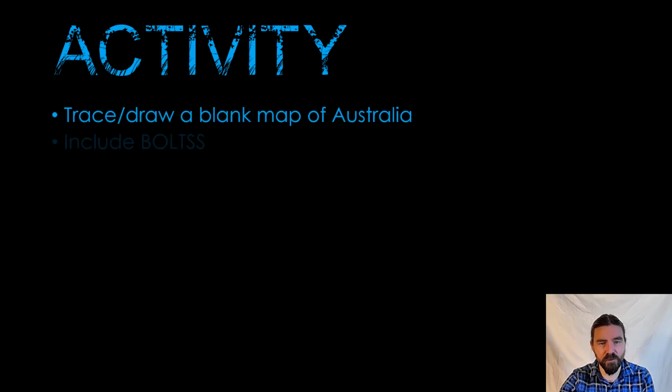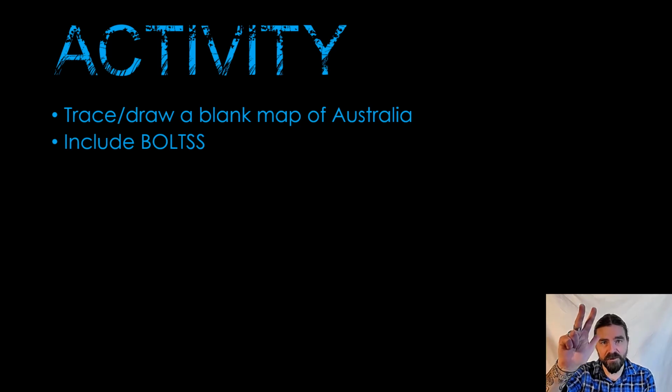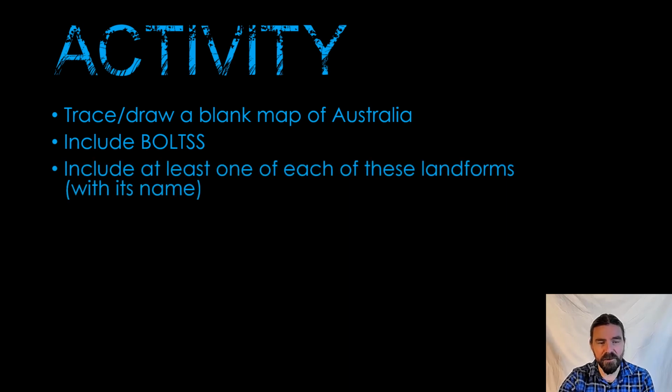Right, your simple activity is you're going to trace or draw a blank map of Australia. That's you're going to have a border, orientation, legend, title, scale, source. And now I want you to put at least one of each of these landforms on it. I want you to put one mountain. I want you to name that mountain, or it could be a mountain range. Great Dividing Range.